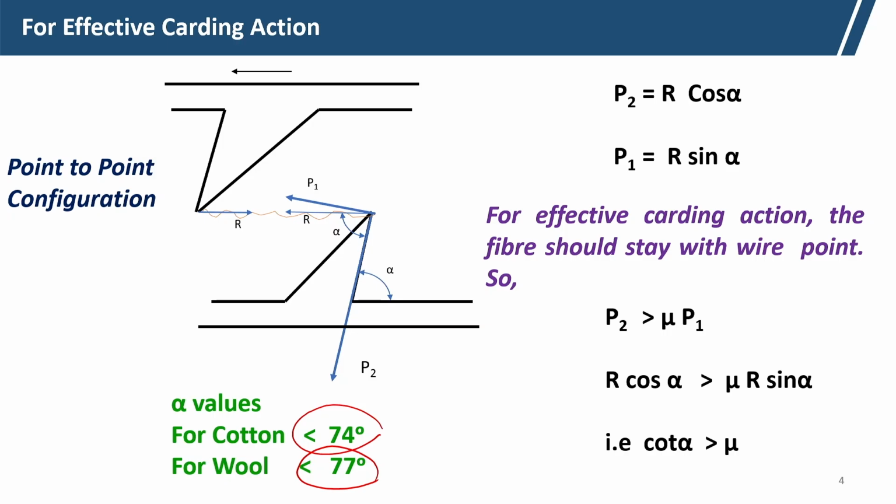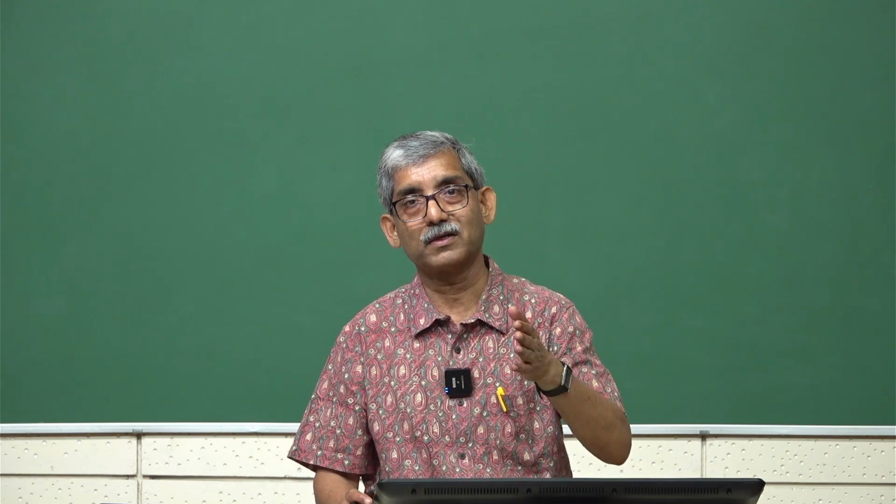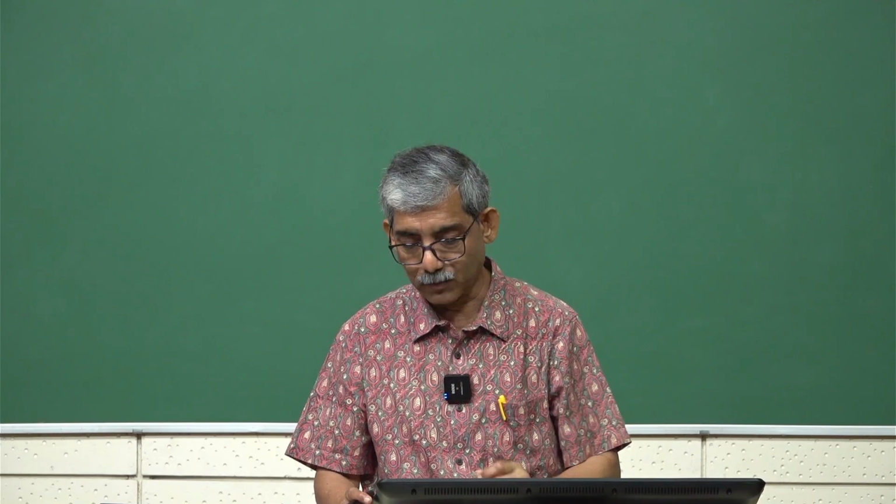We need lower inclination for wool as the fiber lengths are high. In that case we can have a little bit higher angle alpha, because in the case of wool, if we have a lower angle, the problem would be that the fiber will get entangled with the wear point, because cot alpha will be very high. So, we have to have some compromise.